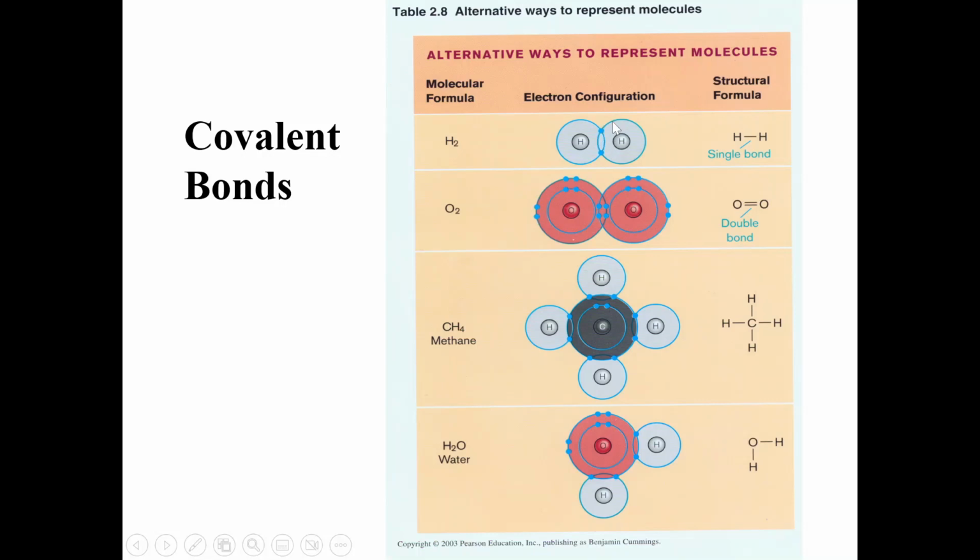Here we have some oxygen, right? And so oxygen can go ahead and form a double bond with itself. It has two of these little covalent bonds right here from their two different valence electrons that were available.